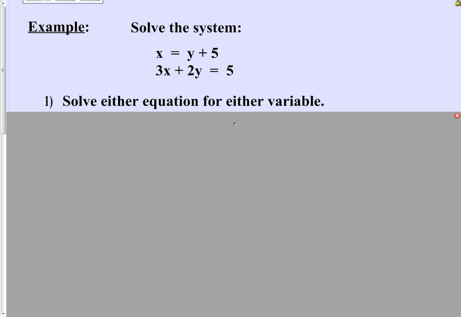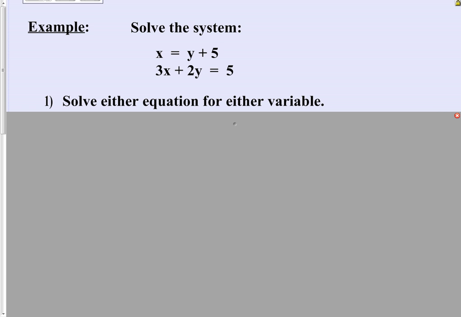The first step: solve either equation for either variable. Now remember, we are free to pick any variable that we want from the problem. Let's look at the x and the y in the first equation and the x and the y in the second equation and decide, does any of those variables look good as far as being easy to solve?